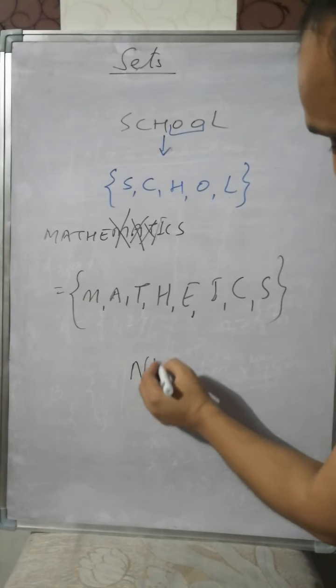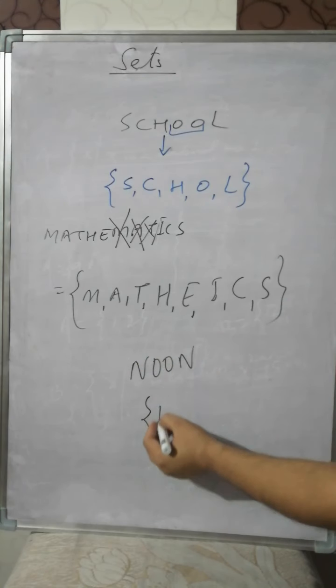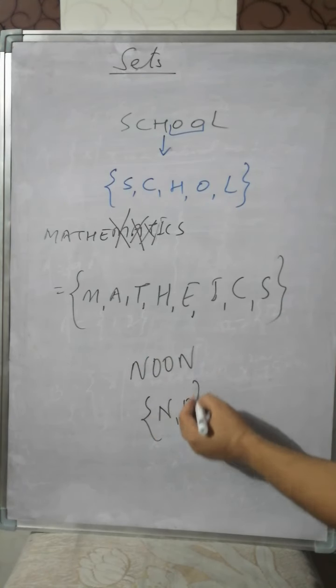Or if you have to write this, and when you write it in this roster form, there is one more important thing, though that is not part of this concept of sets, but still we must know about it: from a word it's easy to get the collection of letters, but from the collection of letters it is difficult to get the word, because you can form as many words as you want to.